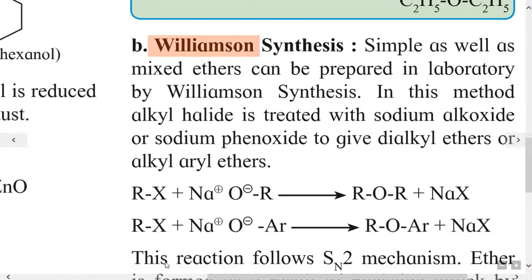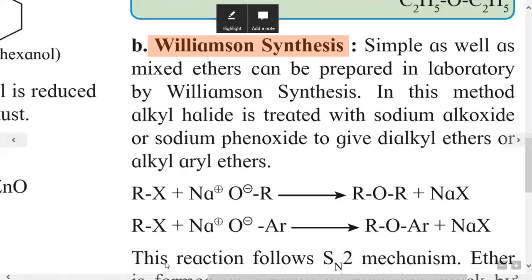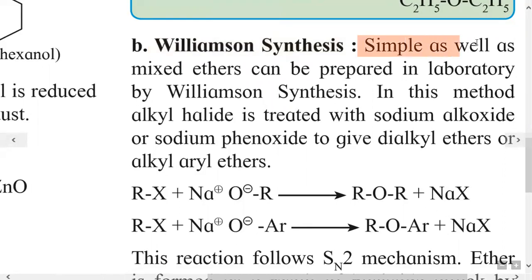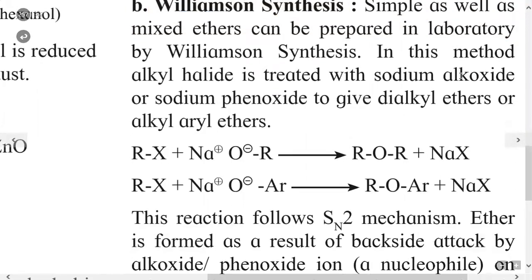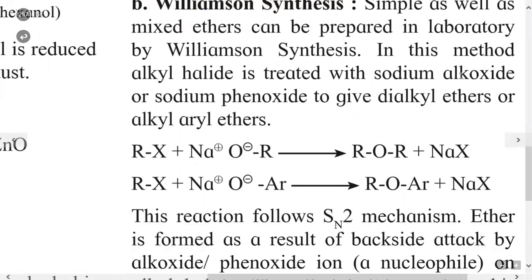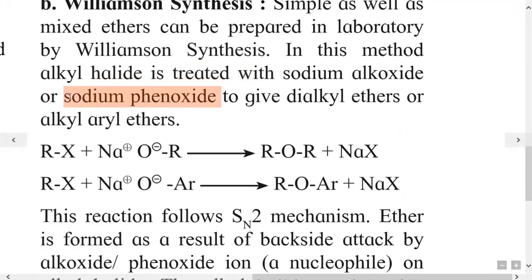Then the second method for the preparation of ether is a well-known method called Williamson's synthesis. This method is used for preparation of simple as well as mixed ethers. In this method, alkyl halide is treated with sodium alkoxide or sodium phenoxide.